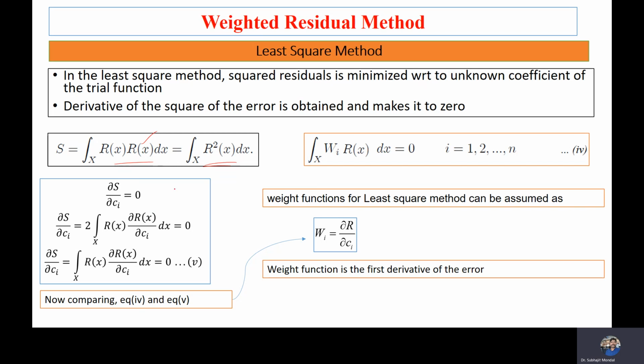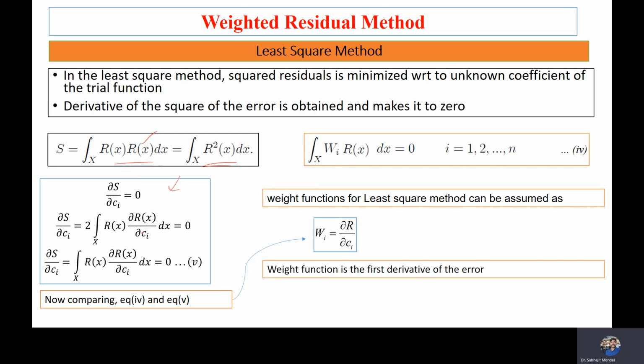We take the first derivative and make it 0. For example, we don't know the coefficient yet, so we assume an unknown coefficient Ci, or C1, C2, C3, like that. We take the derivative of the square of the error and make it 0.